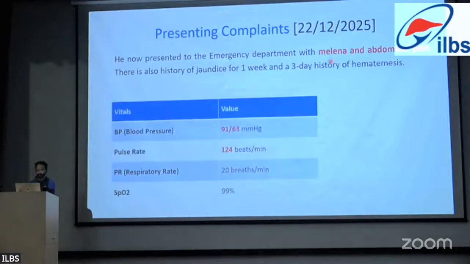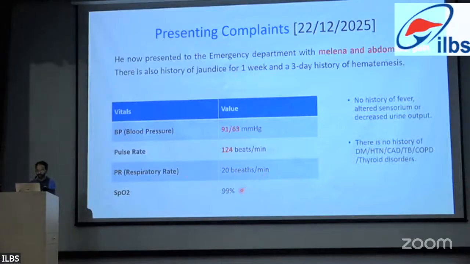On the vitals, the BP was 91/63, and the pulse rate was high, 124 beats per minute. The respiratory rate was 20, and SpO2 was maintained. There was no history of fever, any altered sensorium, or decreased urine output, and no previous history of diabetes, hypertension, coronary artery disease, TB, COPD, or any thyroid disorders.